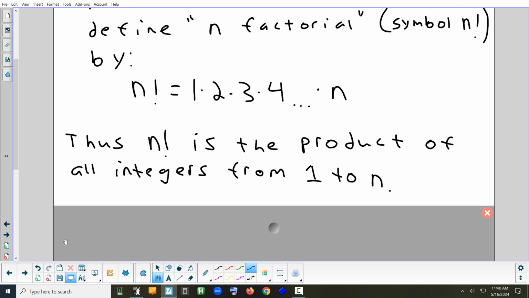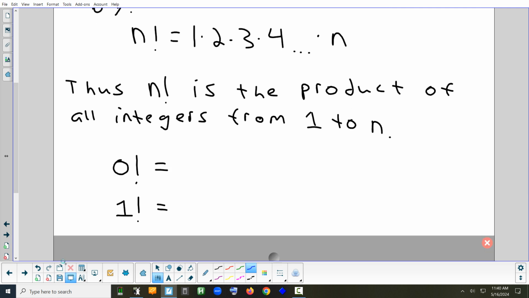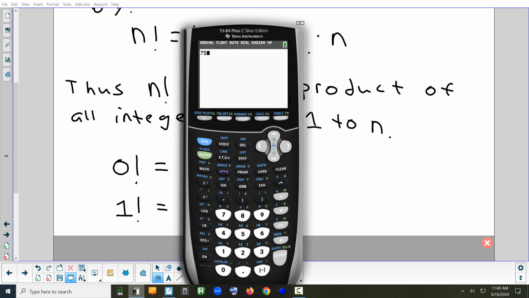So it's the product of every number from 1 up to your number. Now, it's a little weird for some of the lower numbers, because how do you multiply every number from 1 up to 0? So the definition doesn't quite work for 0 factorial.